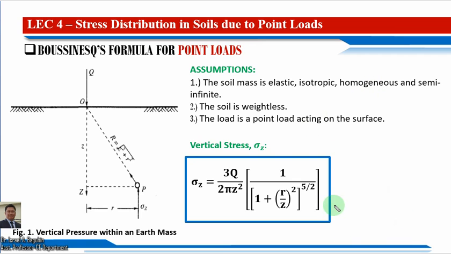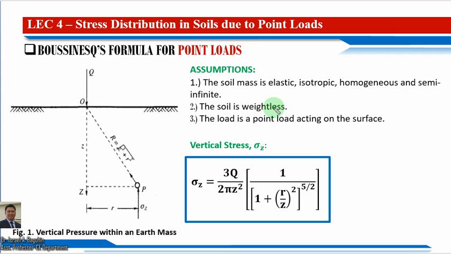The soil is said to be isotropic if there are identical elastic properties throughout the mass and in every direction through any point of it, and homogeneous if there are identical elastic properties at every point of the mass in identical directions.